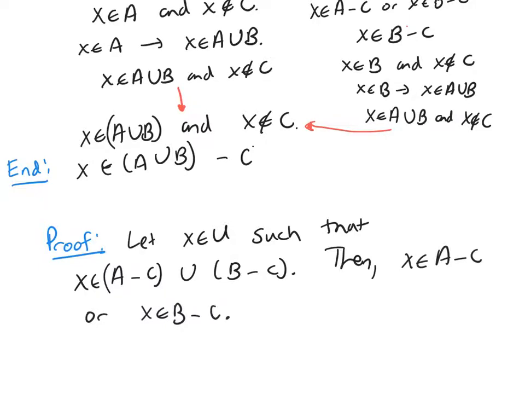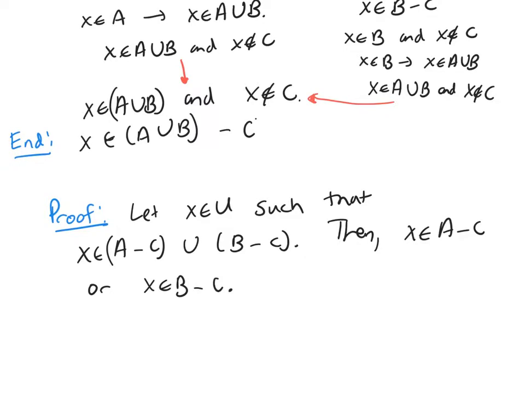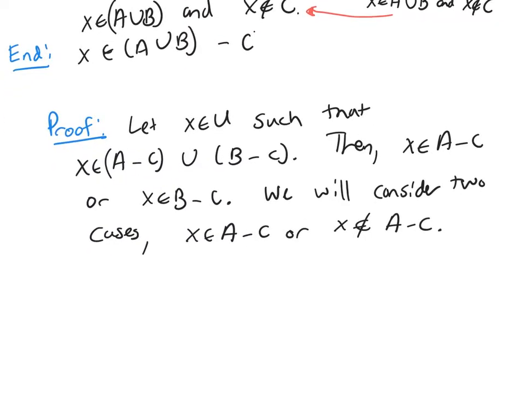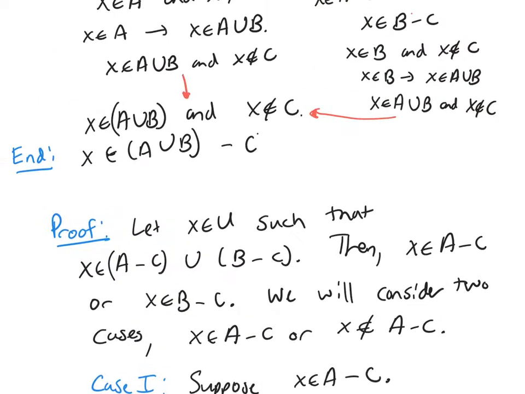And from here we broke off into cases, so we will consider two cases. And what were those two cases? X was in A minus C, or X was not in A minus C. So here's where you're going to split off into your two cases. Case 1, we suppose X was in A minus C. All right, look back at our outline.